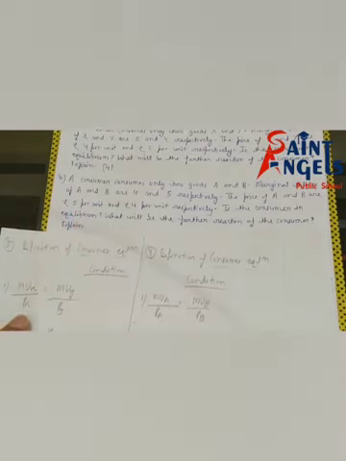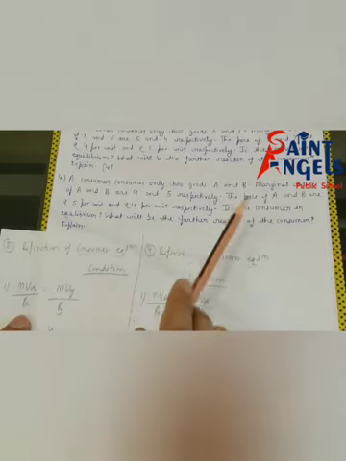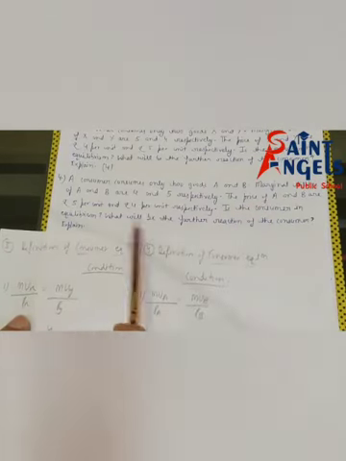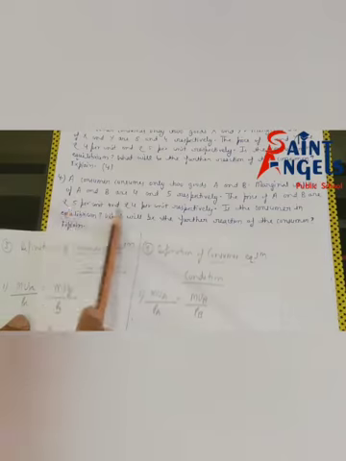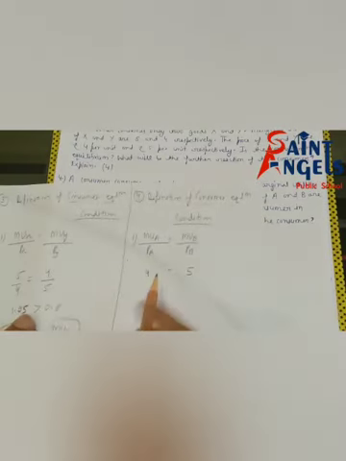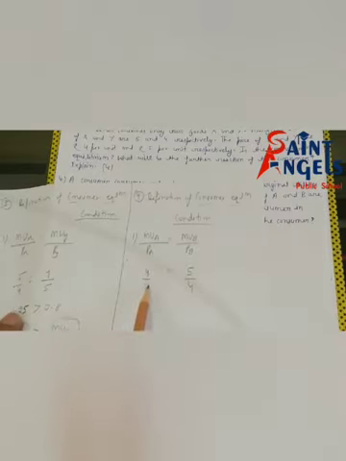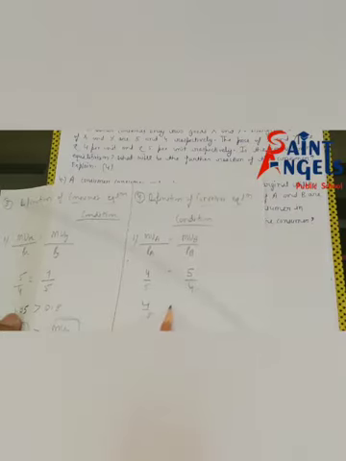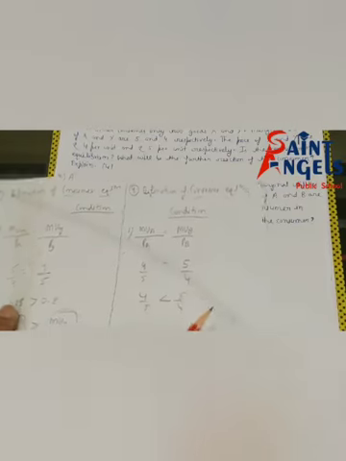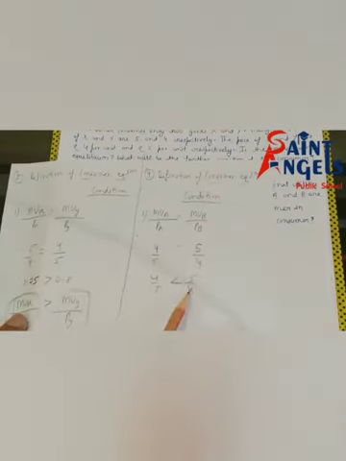The prices of A and B are 5 and 4. See, 4 divided by 5 is 0.8, 5 divided by 4 is 1.25, which means we can say 4 by 5 is less than 5 by 4.